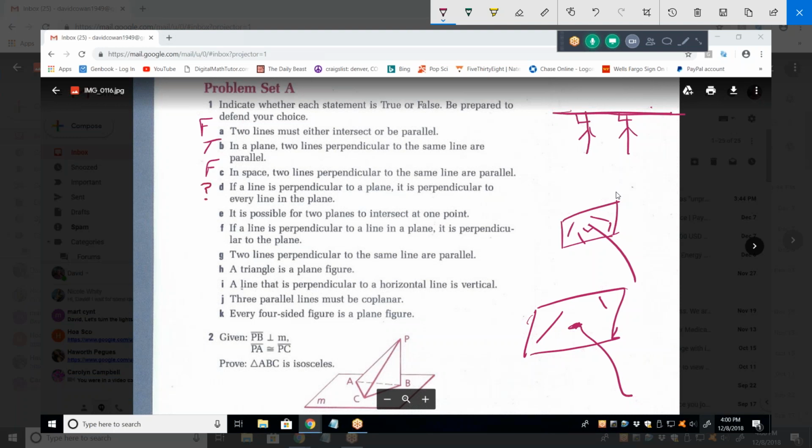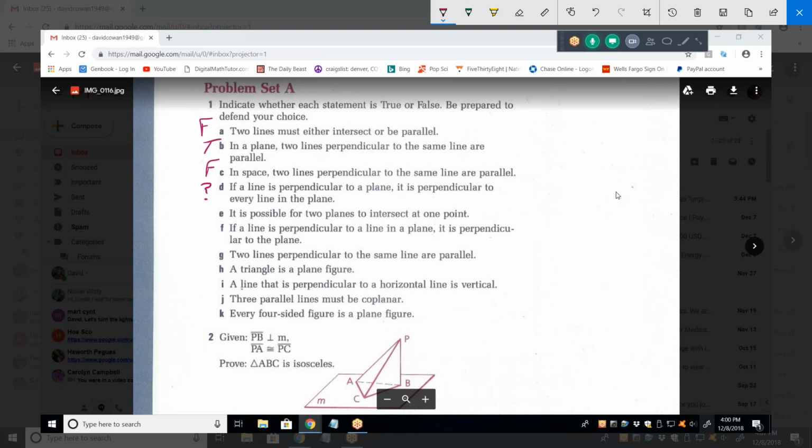Okay? Okay. Is it possible for two planes to intersect at one point? Two planes. Let's draw a couple of planes there. And now let's move them in space. Can we intersect them at exactly one point? Not exactly one.